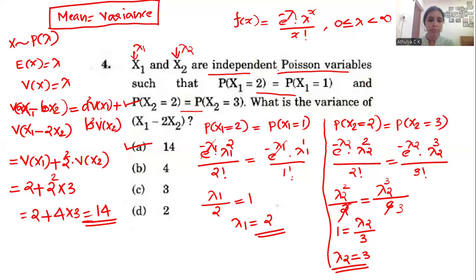If it is not independent, what do we need to add? We need to add the covariance term also, covariance between x1 and x2. So here, since it is given as independent variates, we only need to add both the variance terms. So here we'll get the answer as 14. So option A is the right answer.